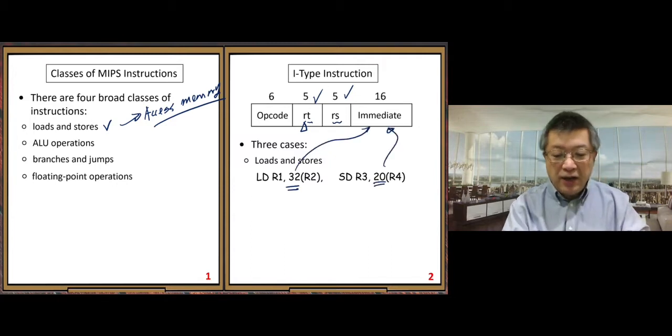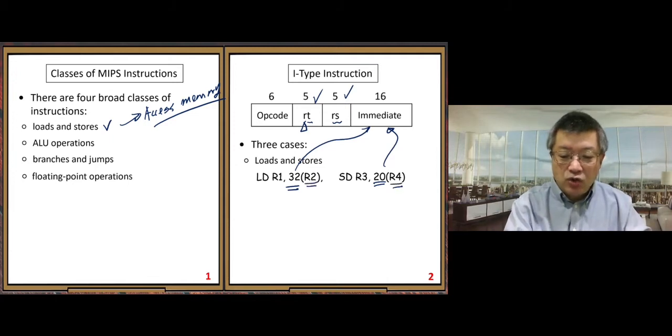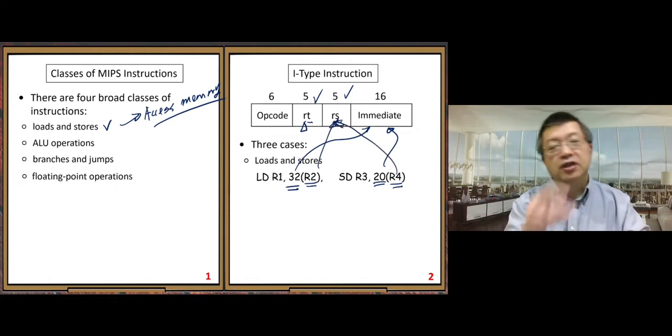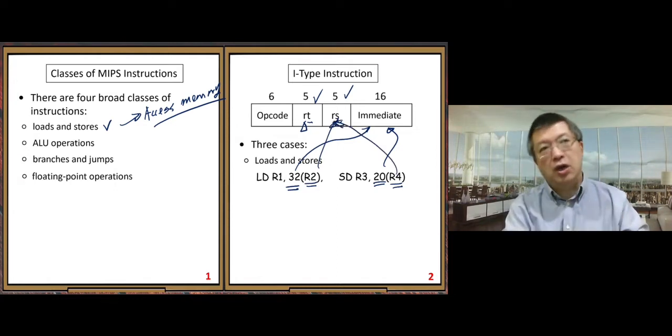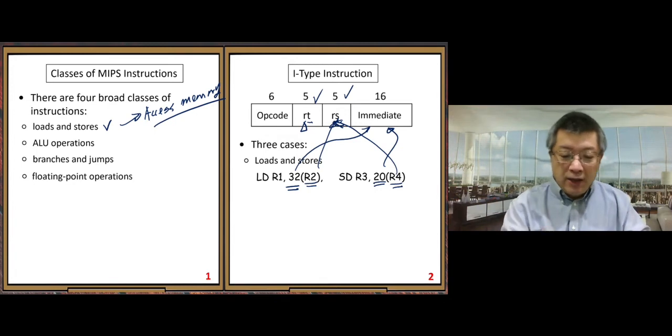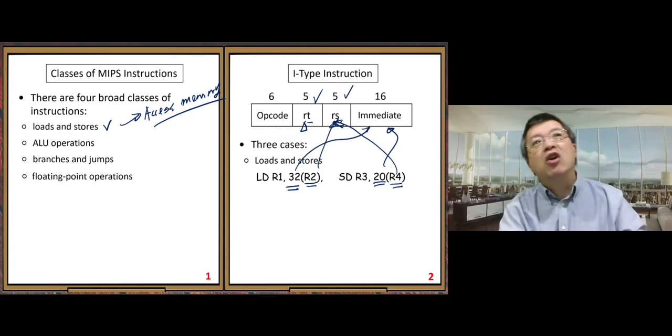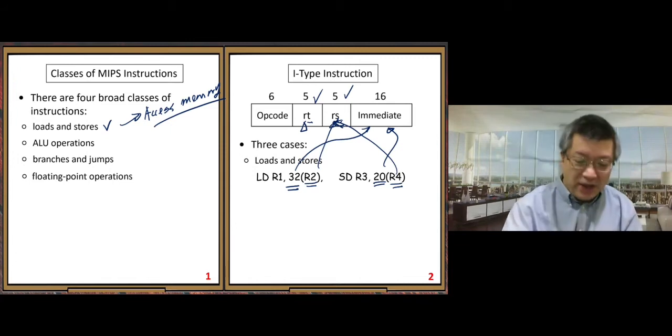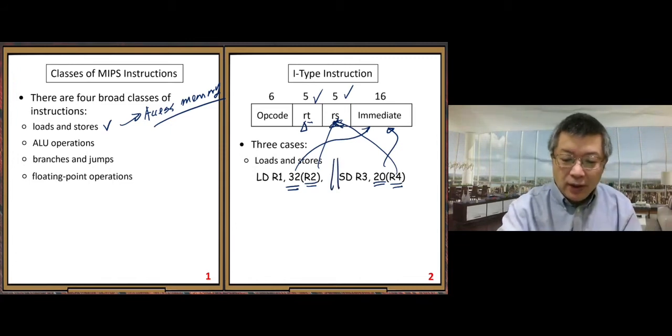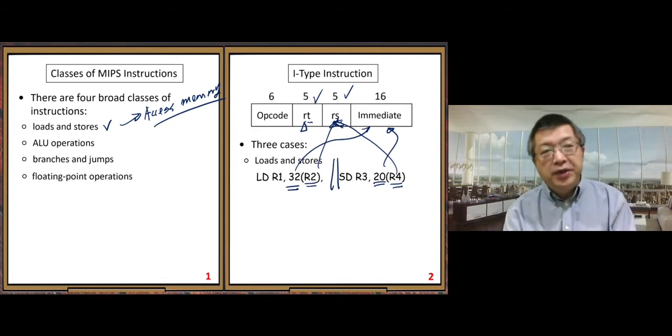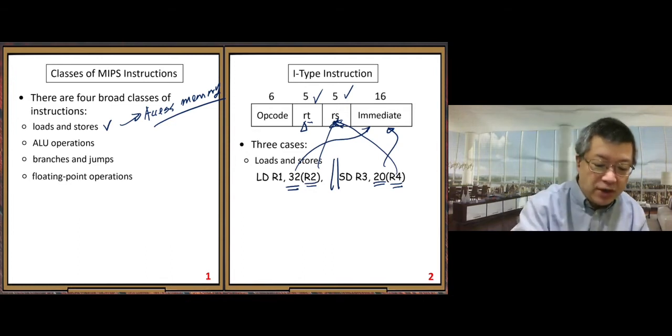Second, the base address is stored in the RS field, the first register source operand. Then the destination this time. It is very easy to get confused when I talk about destination here.